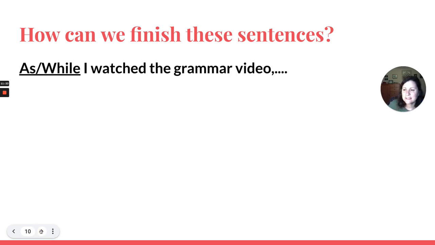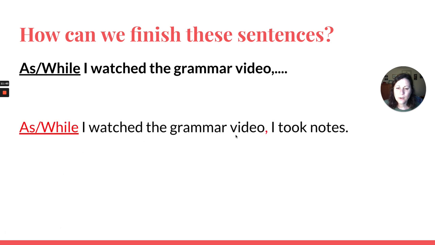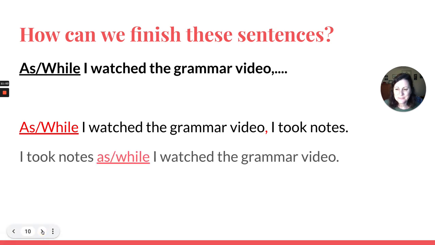Let's practice. As or while I watched the grammar video, what did you do? What did you do while you watched this video? As or while I watched the grammar video, comma, I took notes. And it's good to pause and take notes. Or you can say, I took notes as or while I watched the grammar video.